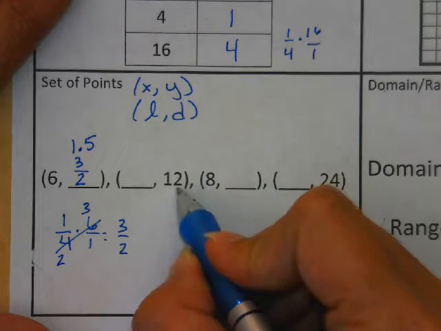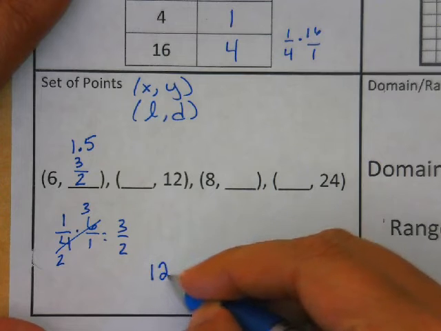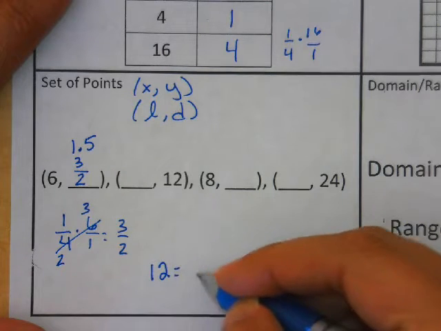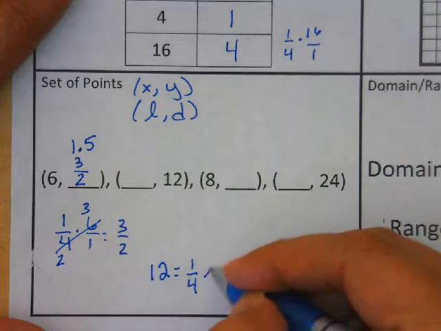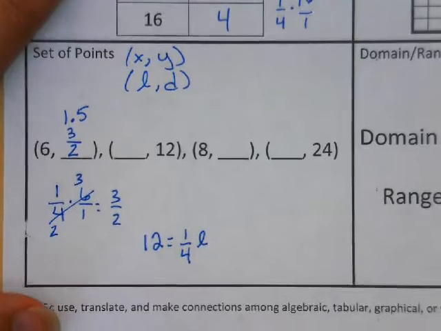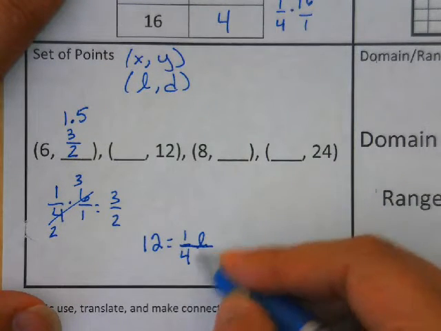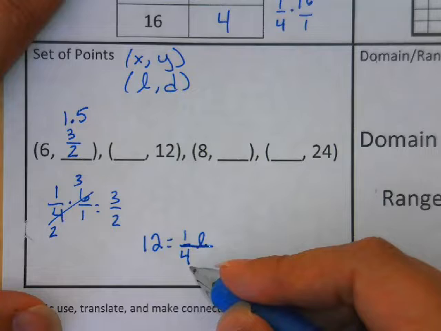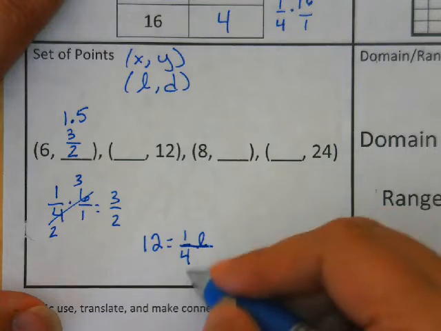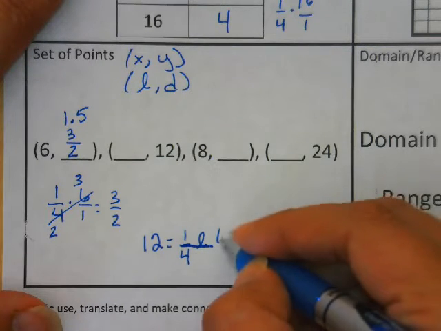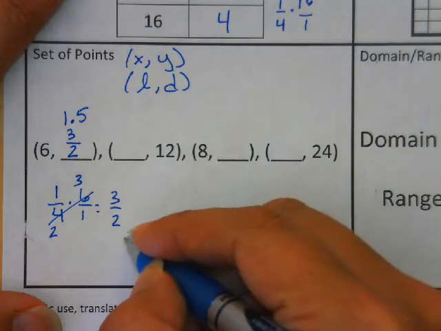Here, it's a little backwards. Now they're saying if we run 12 miles, how many laps is that? Well, I can extend my fraction bar, and I'm saying laps divided by 4, because remember, if 1/4, that means we're dividing by 4. So the inverse of dividing by 4 is to multiply by 4.